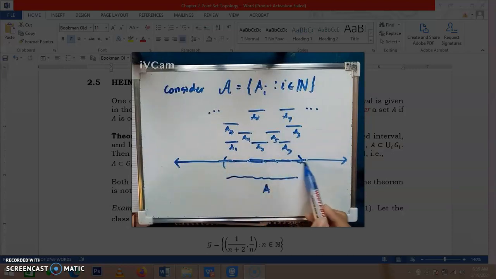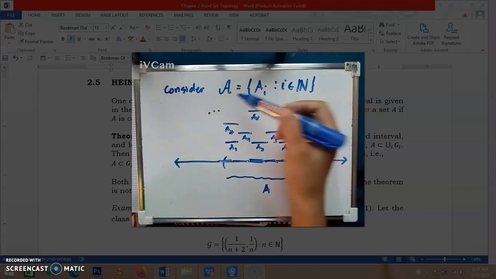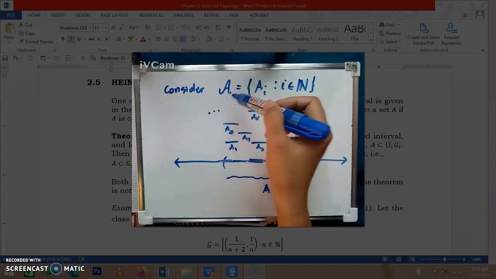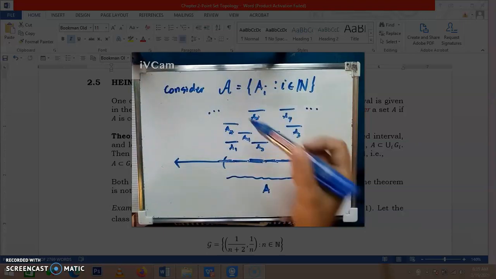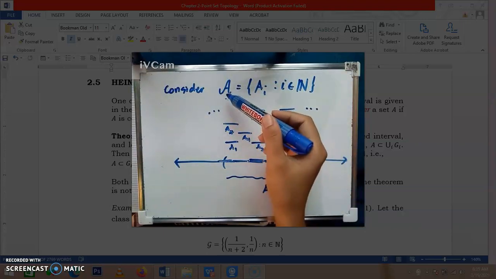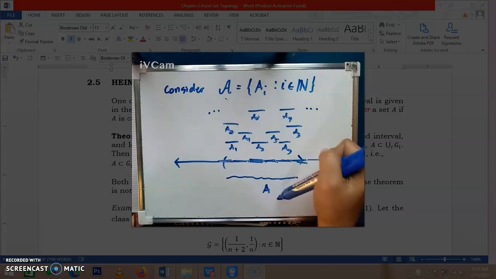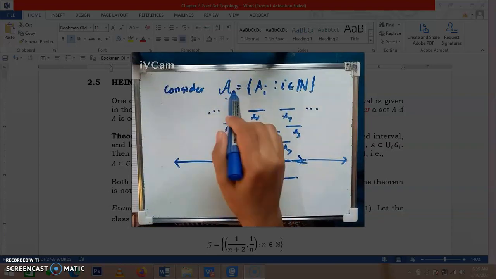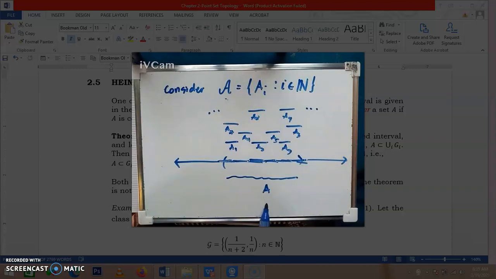So we call this class a covering of the set A, or this class is a cover of the set A, or it covers the set A, as you can see in the illustration. We call it an open cover. The class is an open cover of the set A if each of the intervals here is open.